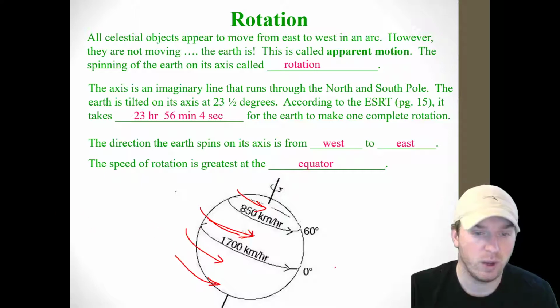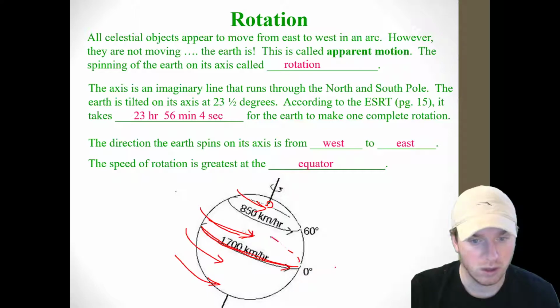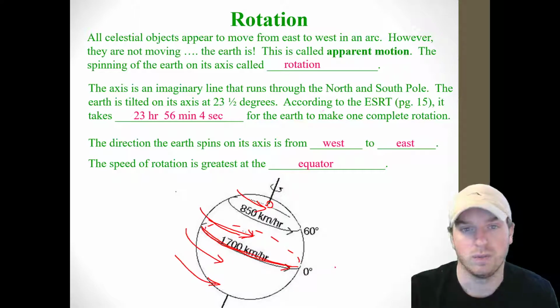The equator spins the fastest because it has the longest circumference to cover, whereas somewhere right here has a very short circumference to go around. Okay? Cool. Let's move forward.